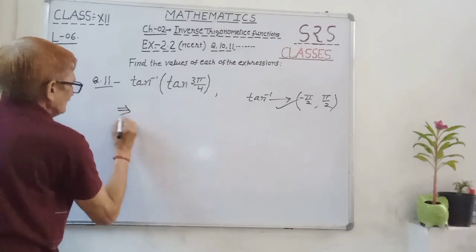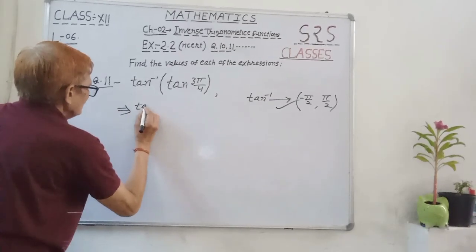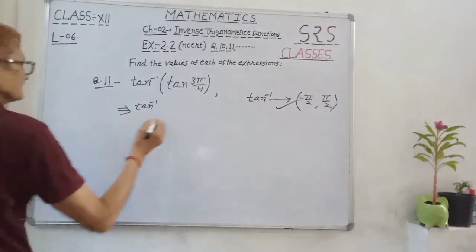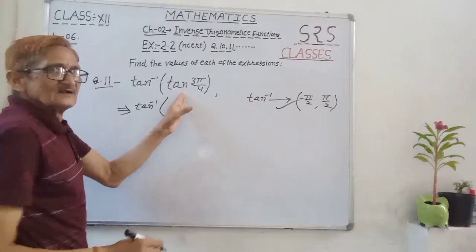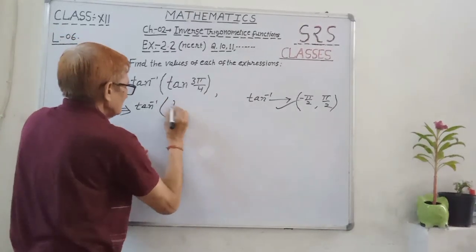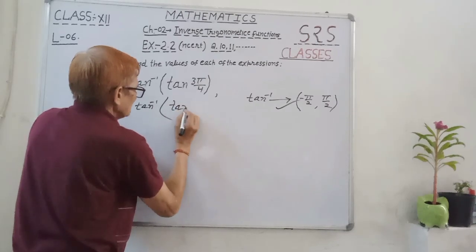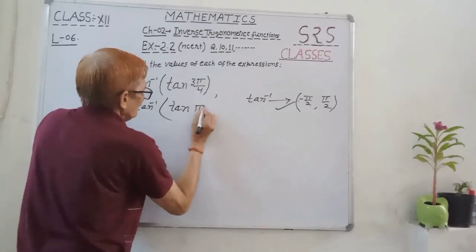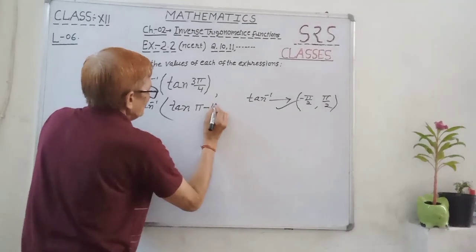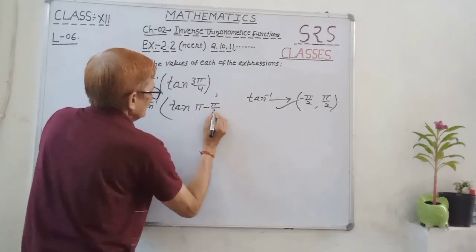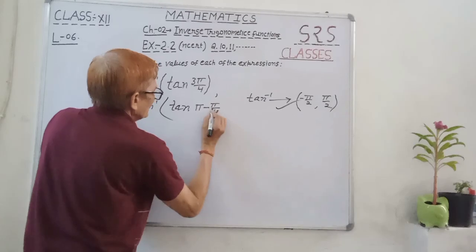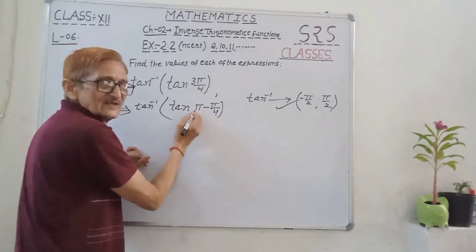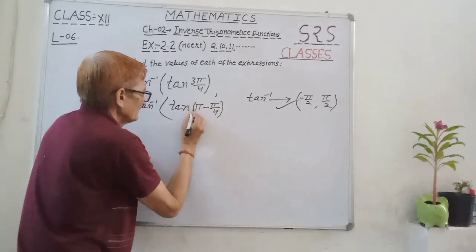Tan inverse of tan of pi minus pi by 4, which simplifies to 3 pi by 4.